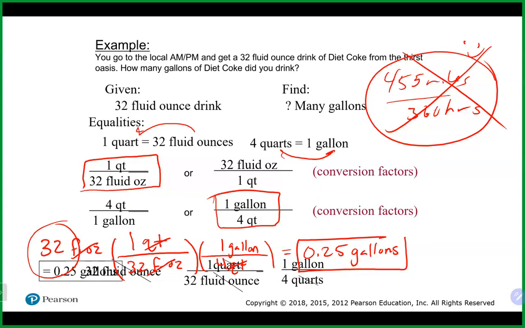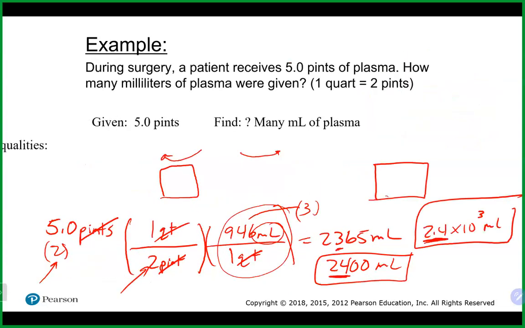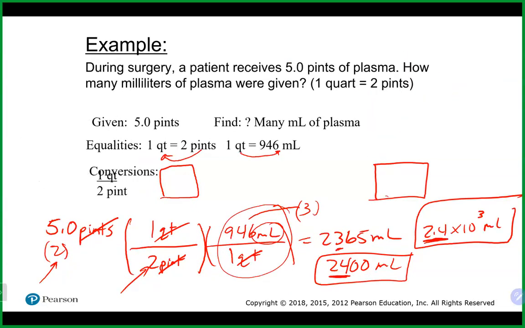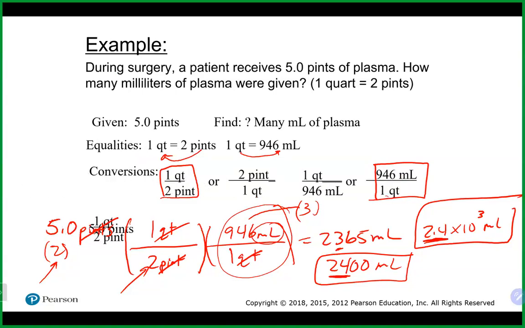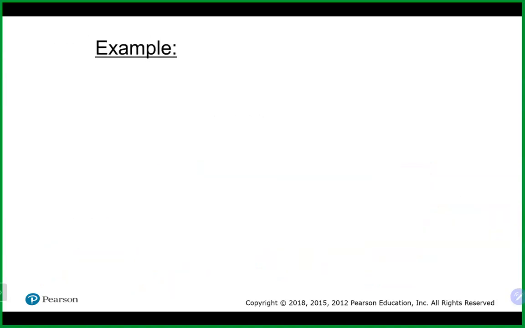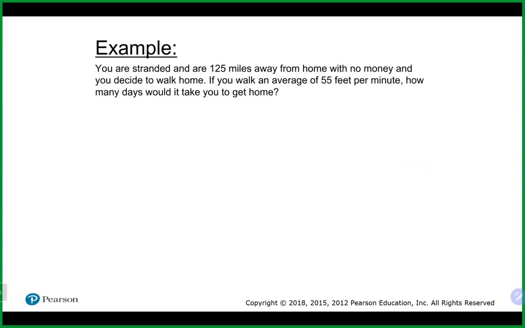But the truthful answer to your question is, if you do it correctly, you can multiply everything on top and get a number. You can multiply everything on the bottom, get a number, and then divide them. And again, as long as you do it correctly, you should get the right answer. But I've seen many, many people make mistakes when they try to do it that way. Other questions? The most common mistake is when people try to punch in that bottom part when there are multiple numbers all together.